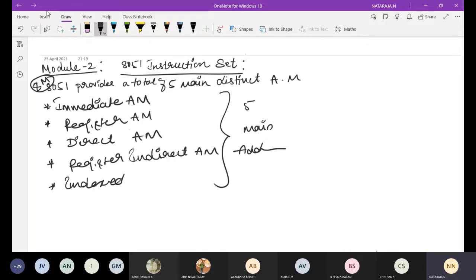The various ways of accessing the data, that we call an addressing mode. There are 5 different types: immediate, register, direct, register indirect, and indexed addressing mode. Then one by one we need to explain.